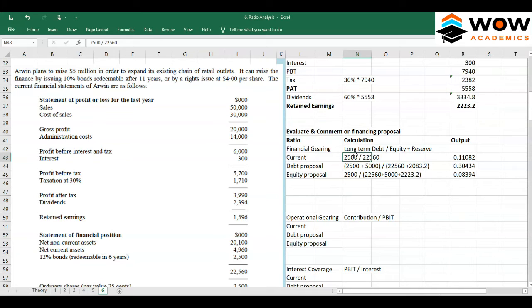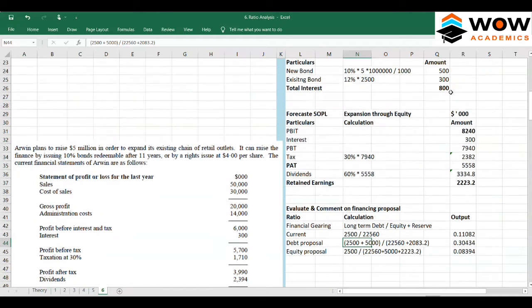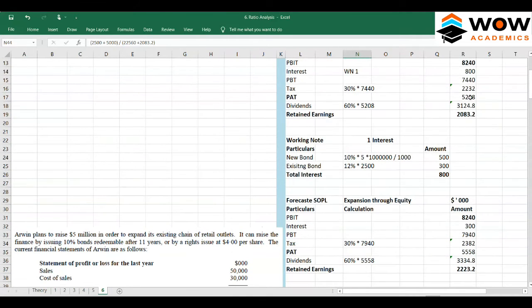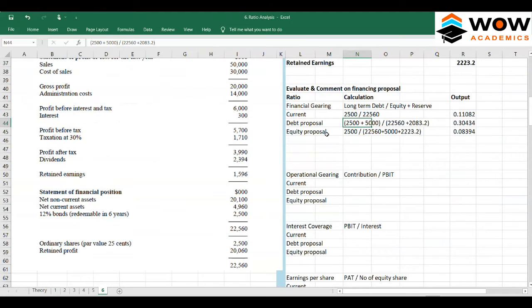See, the current is long-term debt divided by equity plus reserve. In debt, it is old debt plus new debt divided by equity, reserve, and new reserve, which is mentioned in this table. Thereafter, for equity proposal, the old debt plus the old equity and reserve plus the new equity plus the new reserve. So we have got the concept here.